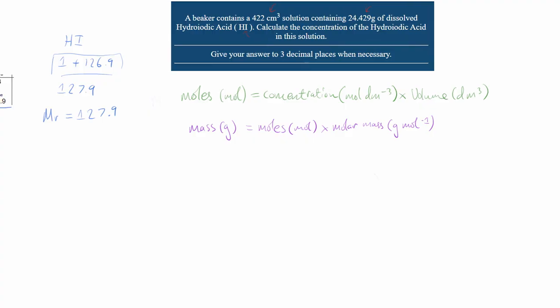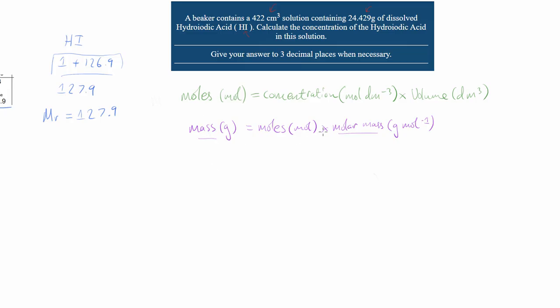At this stage we have the mass, we have the molar mass. We do not yet have the moles. We could quite straightforwardly work that out, but I'm not going to do that at this stage. What I'm going to do is a substitution. I'm just going to rearrange this so that we've got the moles on one side of the equation.